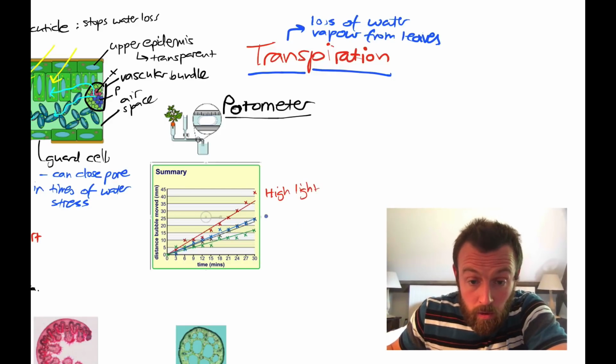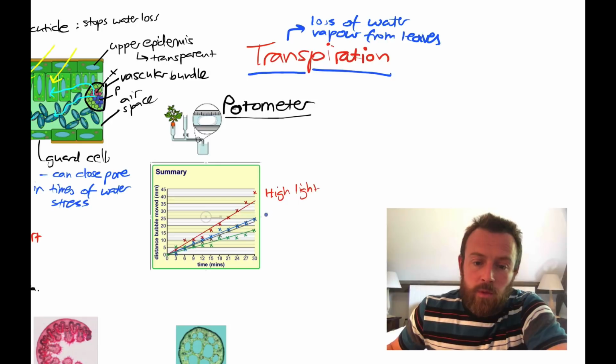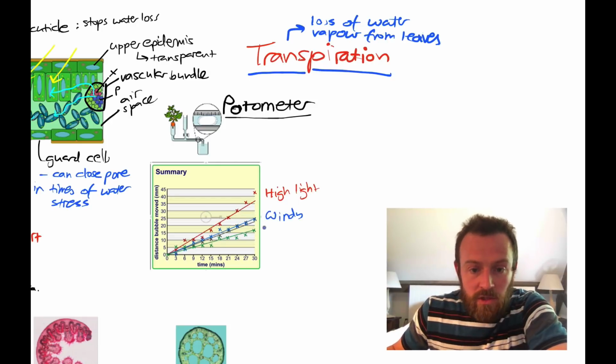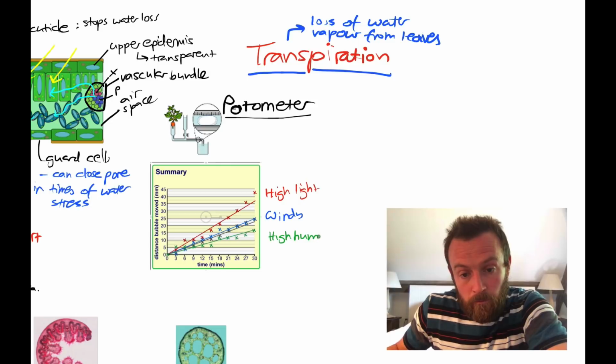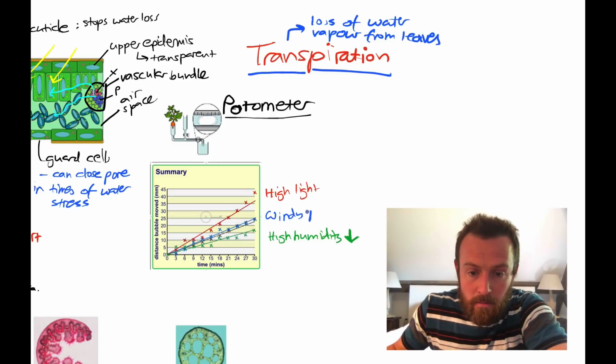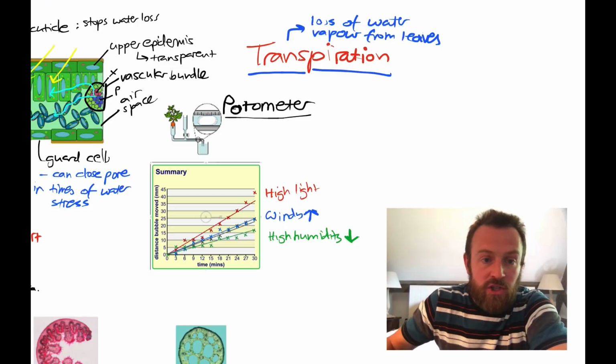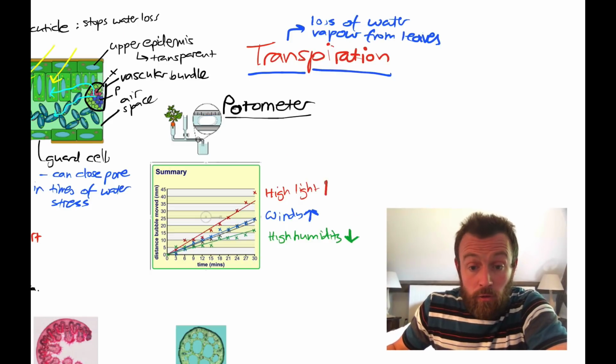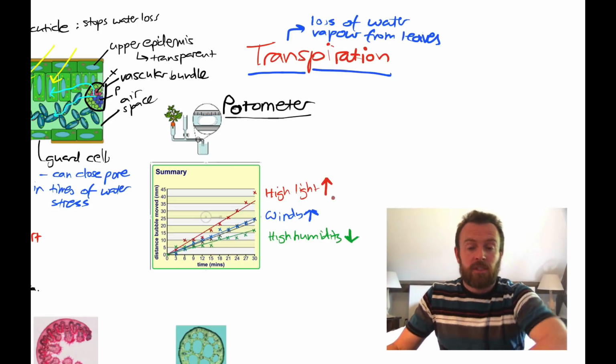Blue here was windy, replicated with a fan. Black was control, and green was high humidity. Humidity lowers the rate of transpiration. Windiness or air movement increases the rate of transpiration, and high light intensity increases it a lot.